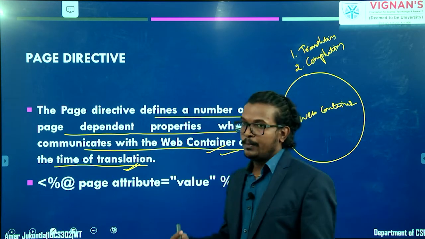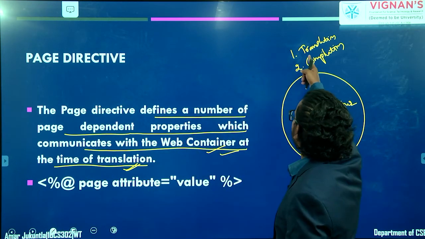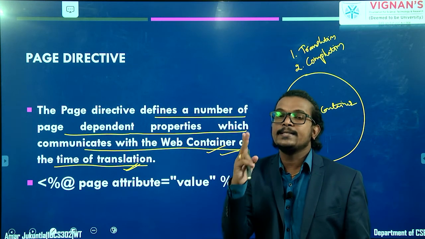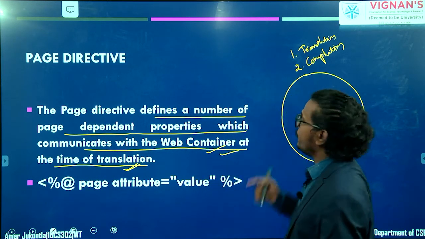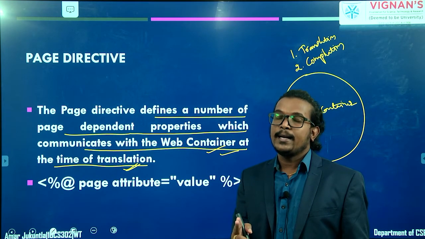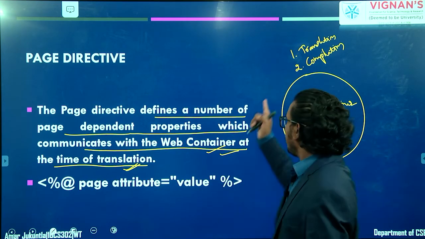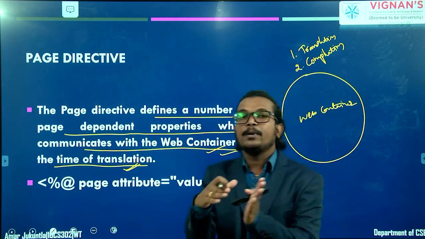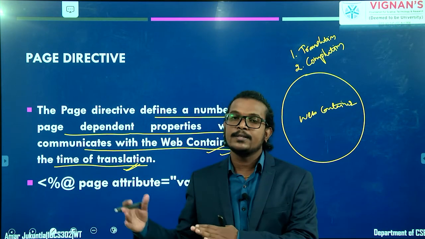Once again I am repeating: we have 2 phases. The first one is the translation phase and the second one is the compilation phase. In the translation phase, we translate the JSP code into a .java file, or servlet code.